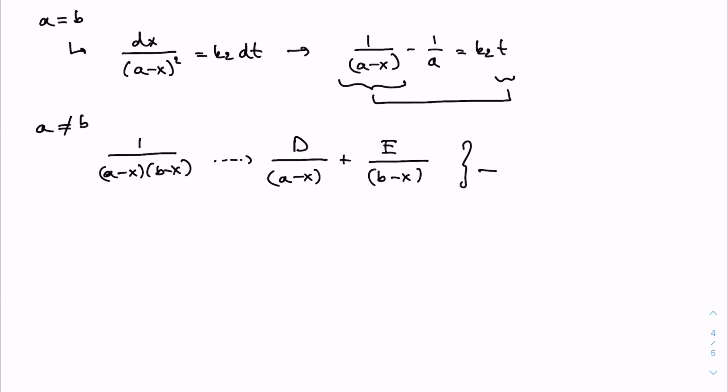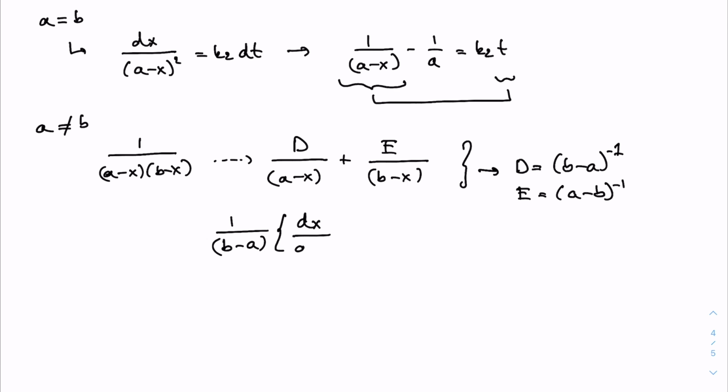And we find that D is B minus A to the minus 1 and E is A minus B to the minus 1. So if we fill that all back into the original equation, right, then we have 1 over B minus A, dx over A minus x minus dx over B minus x equals K2 dt.